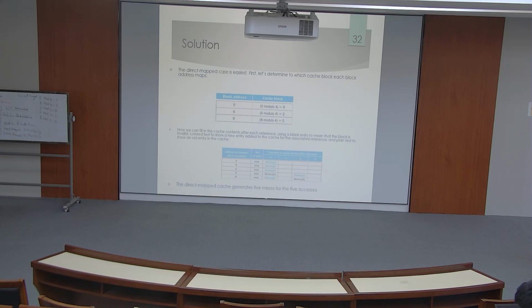So that means this is a miss, and block 8 is also a miss, because the block maps to the same line. This is also a miss. So we have 5 misses for the direct-mapped cache.